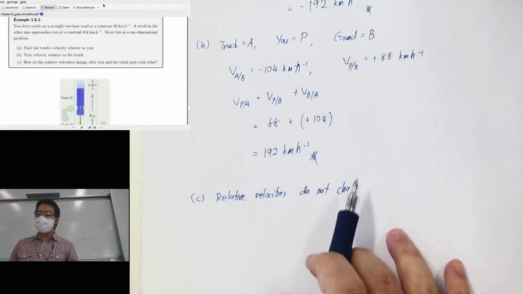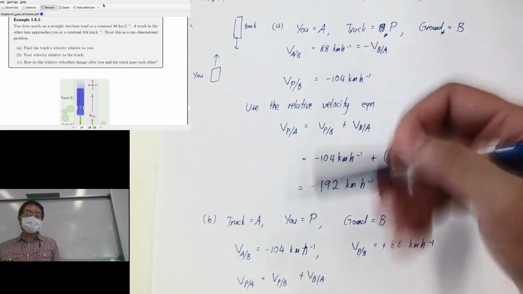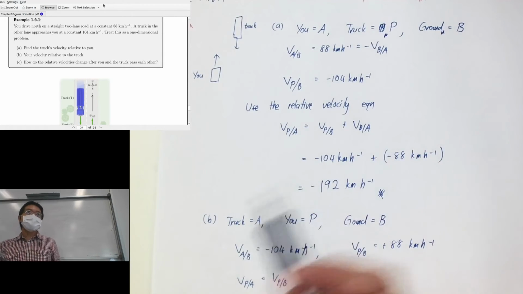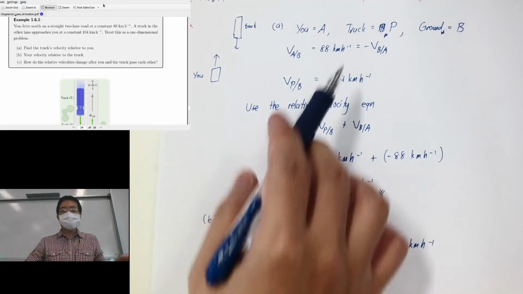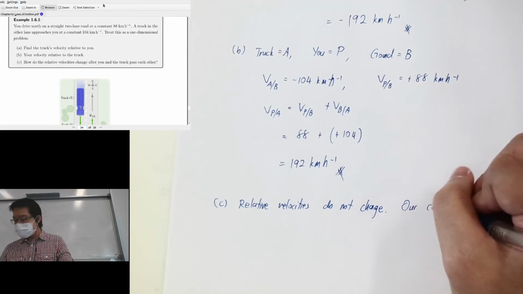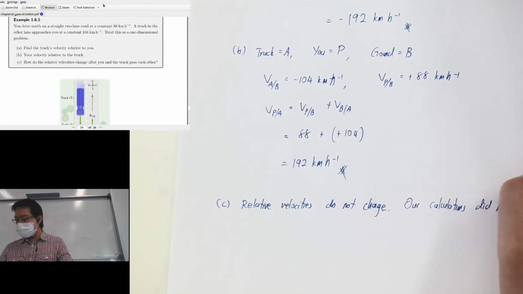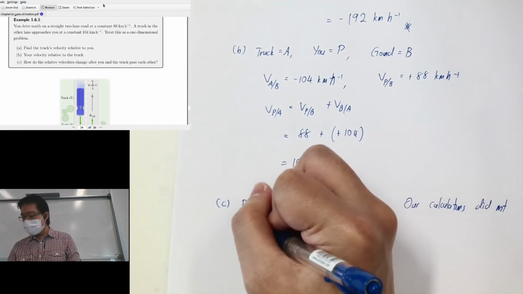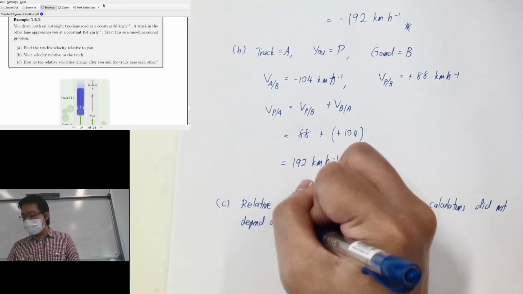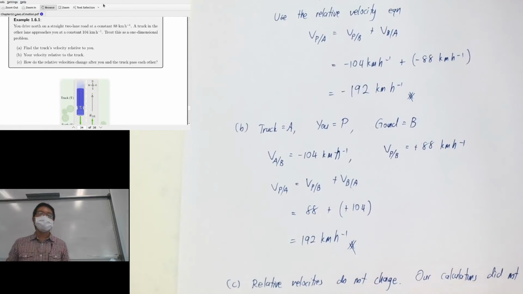Because notice that in our calculation, we did not assume where the positions of the trucks are. The trucks could have already passed, as we did not put in the position anywhere. So our calculations did not depend on position, specifically calculations A and B.